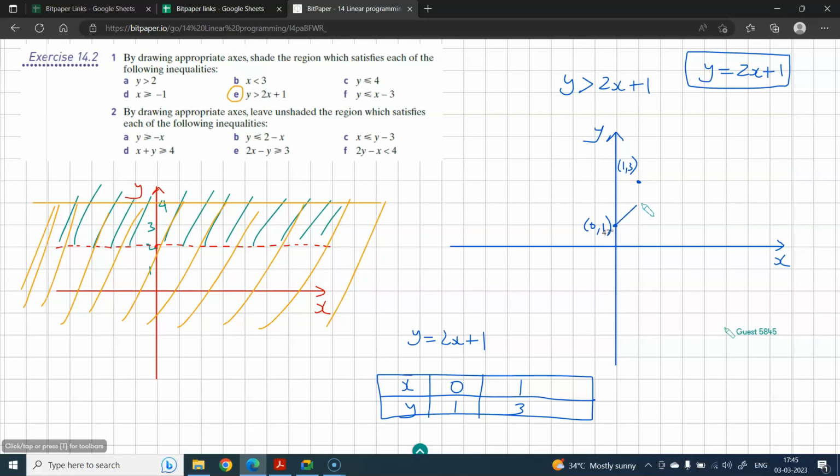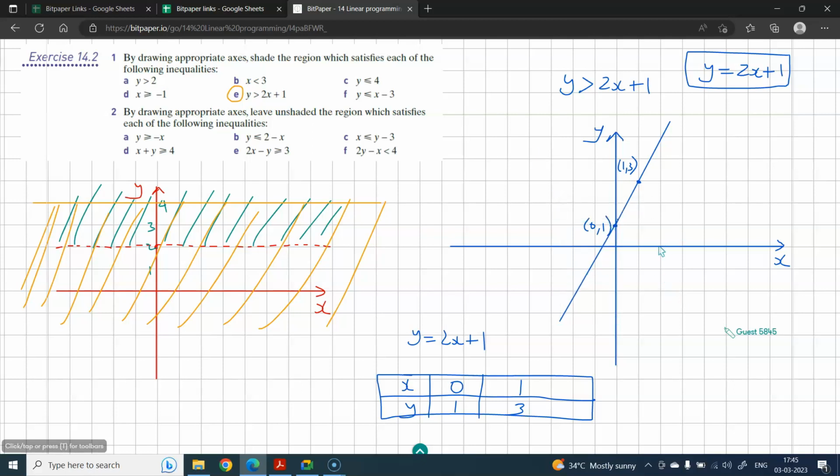So we just draw a line connecting these two like this, and that is your graph. This is the graph of which equation? Y greater than 2x?